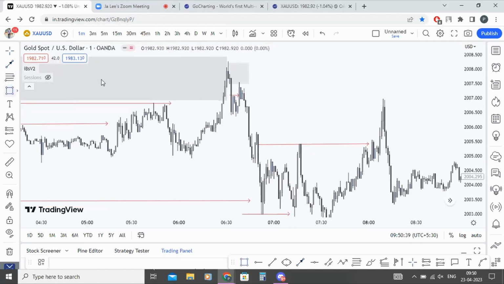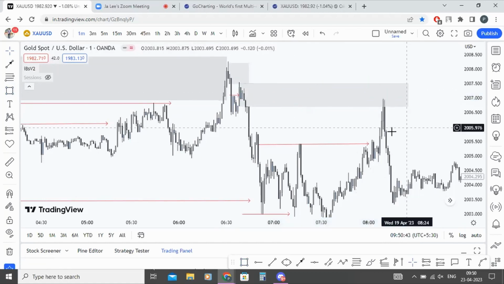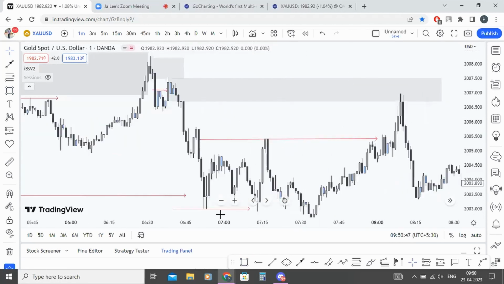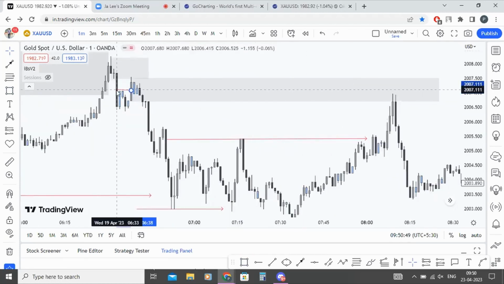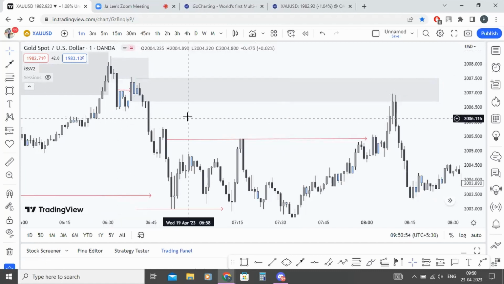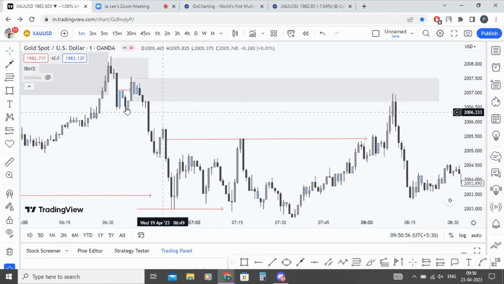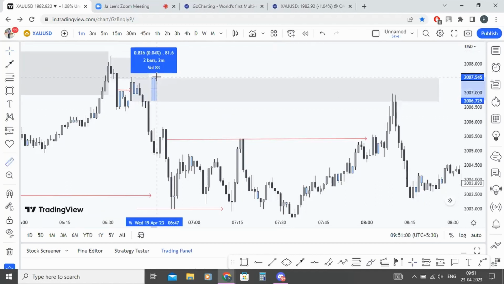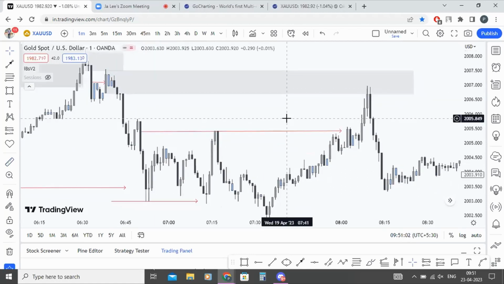This was the only candle for the trade which sweeps this internal liquidity right here. And this was the high. It looks like the POI is not even 10 pips. Less than 10 pips, is it? Let me see. Yeah, 8 pips.